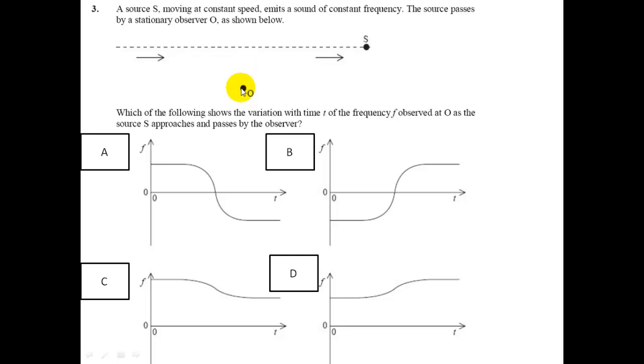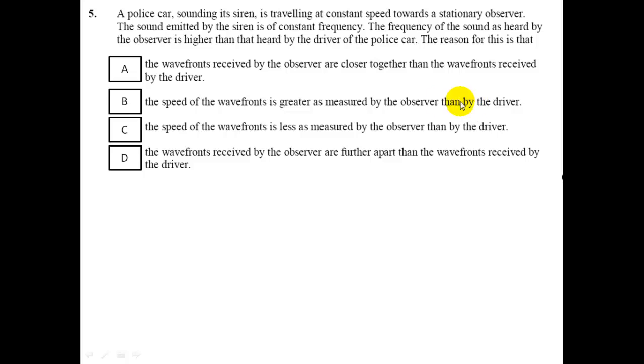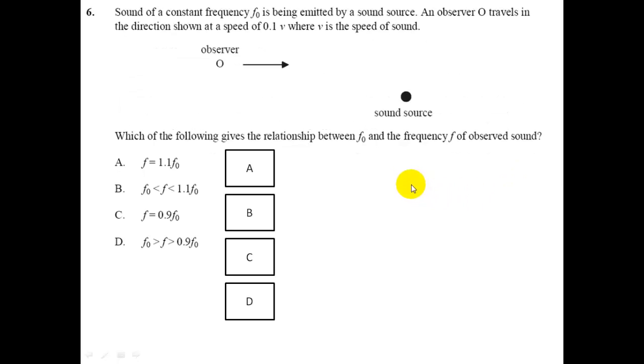Notice that the observer is quite a distance from the path of the source. Pause. Okay, try to do this one. Pause. Try to do this one. Pause. Try to do this one. Notice that they're not in the same line here. Pause.